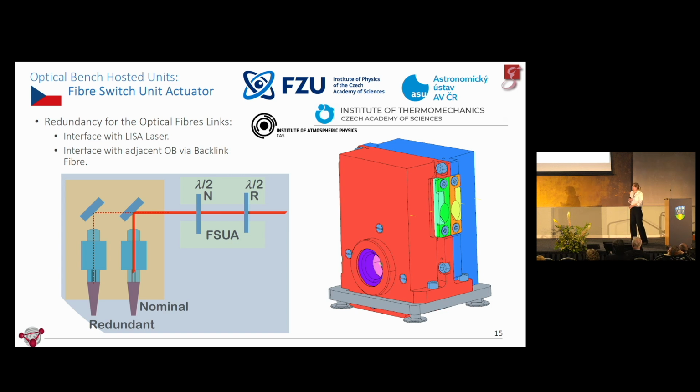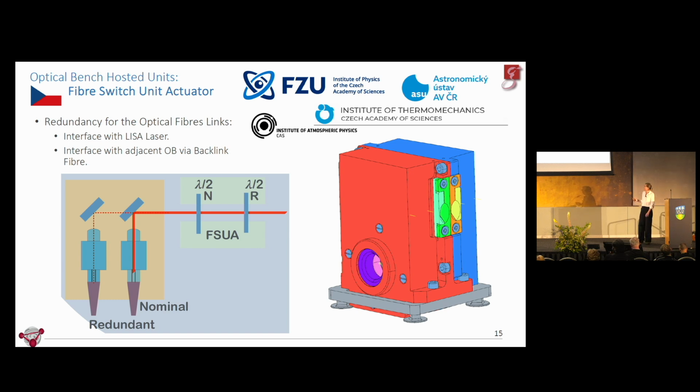Now, the last of the hosted units is the fiber switch unit actuator. As I mentioned, we have to provide the necessary redundancy, and one of them is to be able to switch between redundant and nominal fibers that are interfacing from the laser system to the optical bench and to optical benches interfacing each other via backlink fiber.